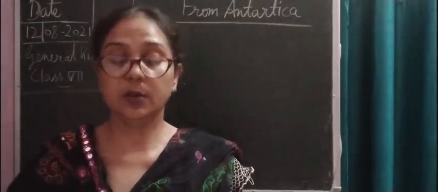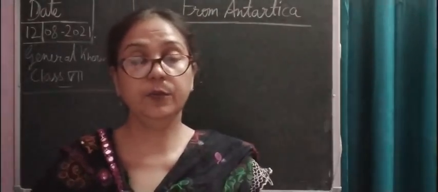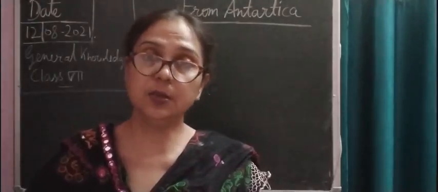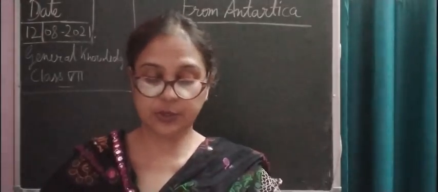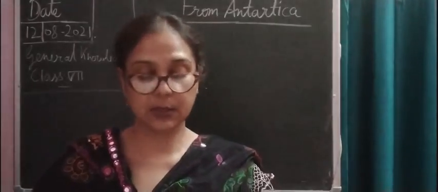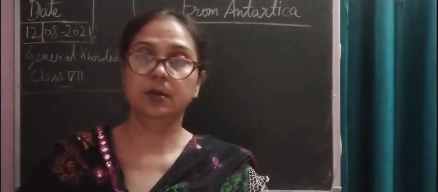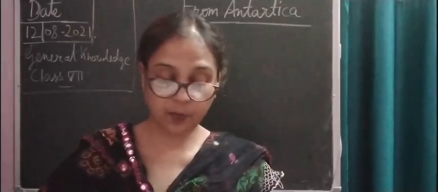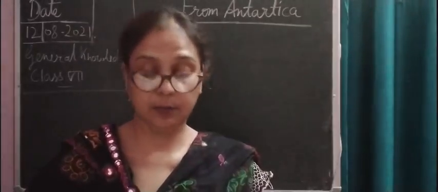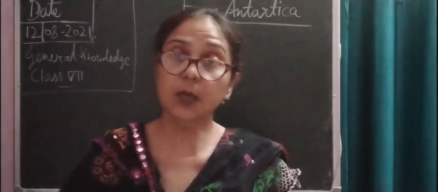Today we are going to learn about it. I'll show you a few images of its vegetation, like Antarctic hair grass, and the Antarctic pearlwort, and after that the penguin. Here you can see a very special type of bird, that is penguin.